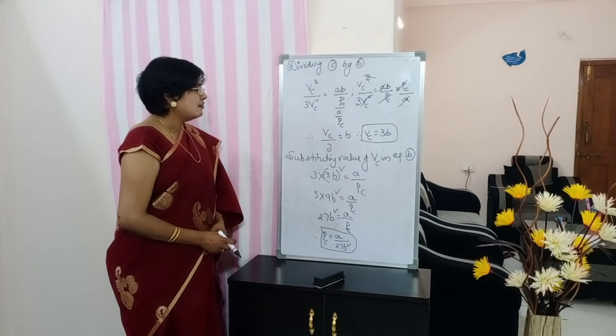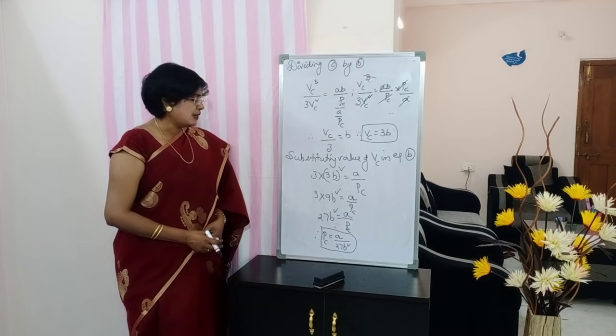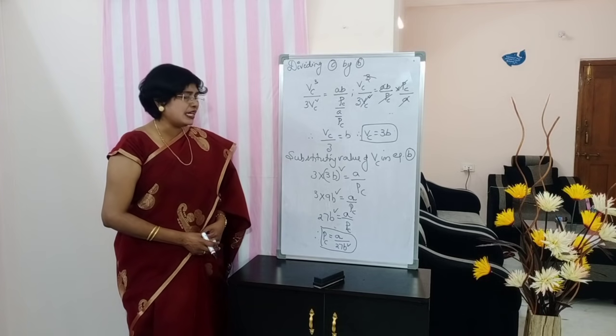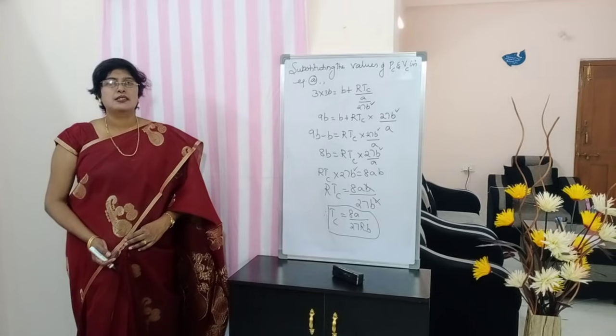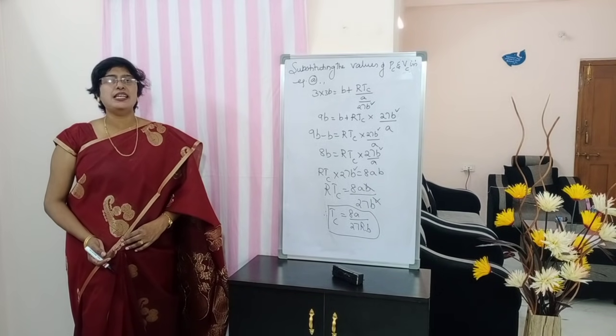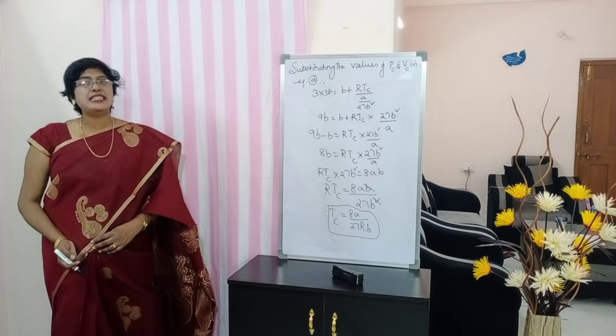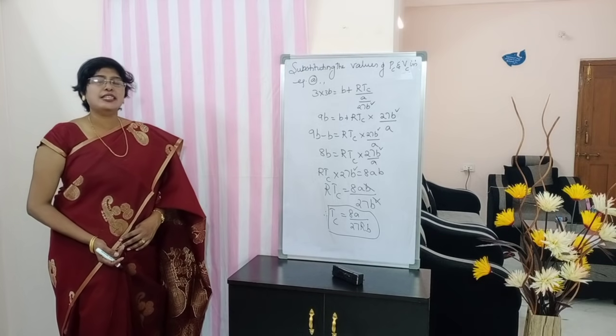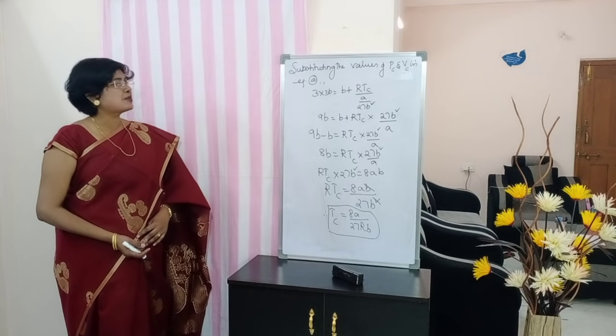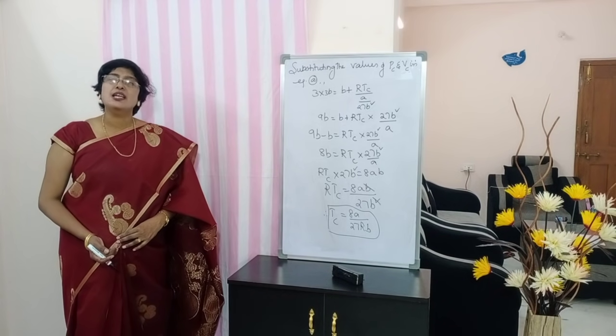Okay students, Vc we got as 3B, Pc we got as A by 27B square. So now we have the values of Vc and Pc, right? So these two values, if we substitute in equation A, what do we get?